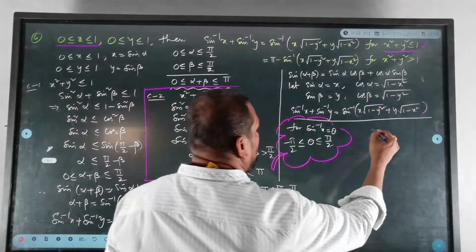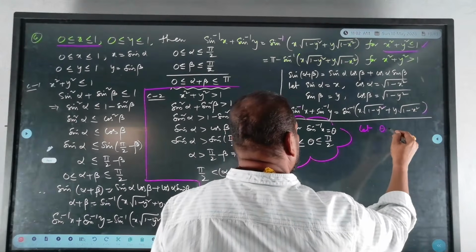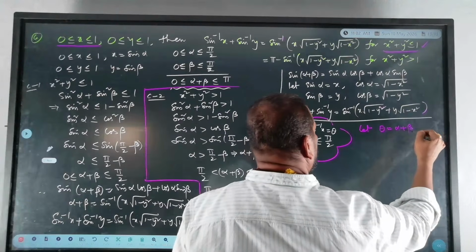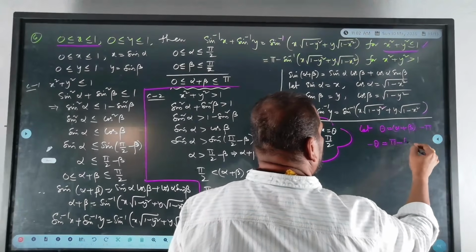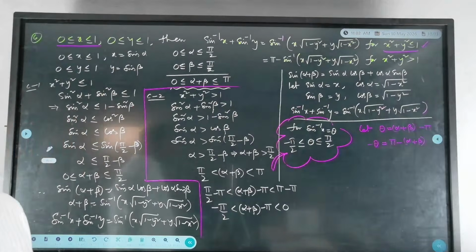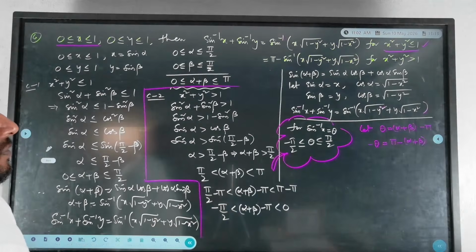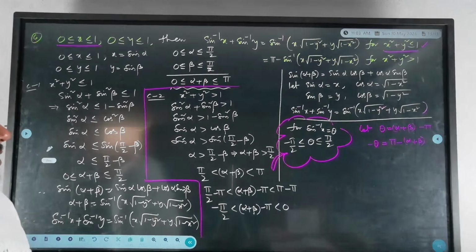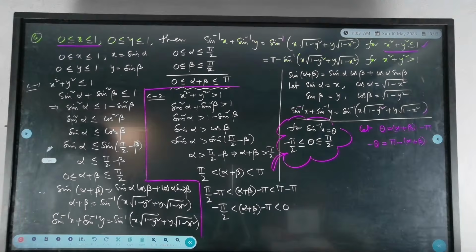Now see, let theta be equal to alpha plus beta minus pi. Minus theta is equal to pi minus (alpha plus beta). Right? So sine of minus theta.